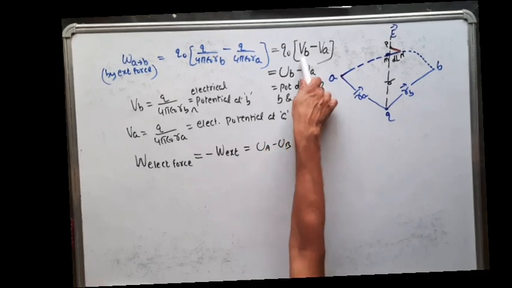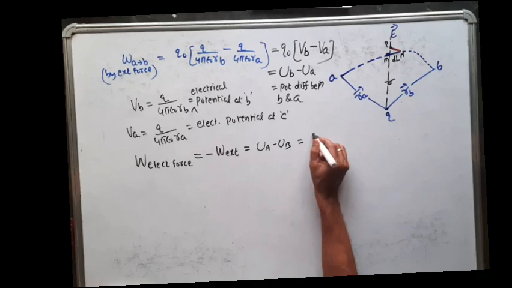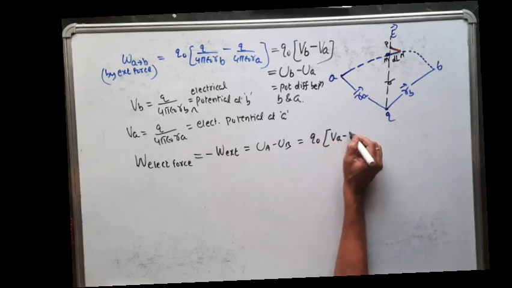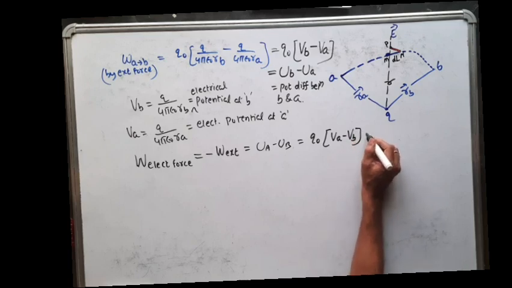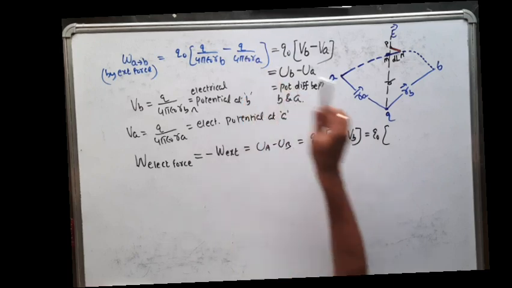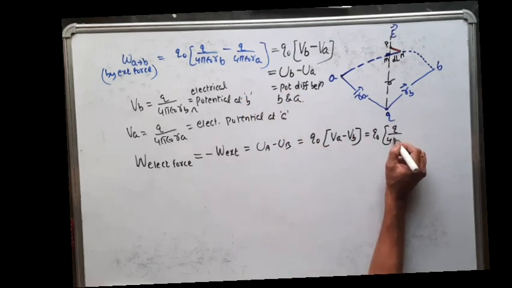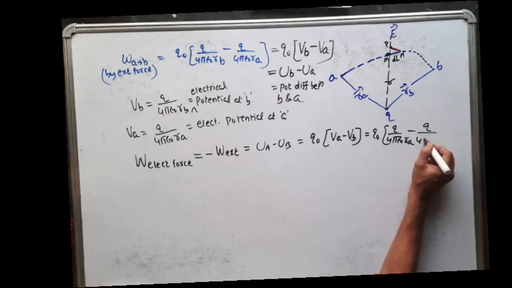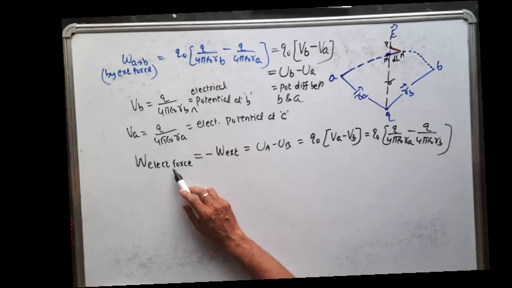So what is this? It is nothing but Q naught into (VA minus VB). That is equal to Q naught into, what is VA? VA is equal to Q by 4 pi epsilon naught RA minus Q by 4 pi epsilon naught RB. So this is the work done by the electrostatic force.